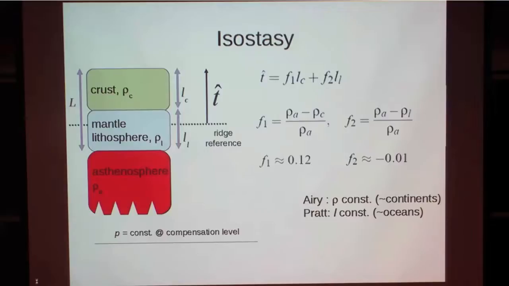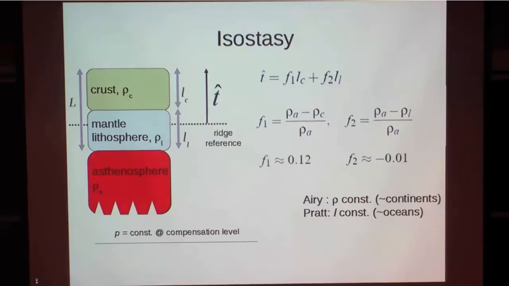If you see a mountain and it's in floating equilibrium, you will have a thicker root, like an iceberg. So you can work out the contribution of the crust, and it depends on the density of the crust and the asthenosphere. Changes in the crustal thickness will lead to quite large variations in topography. Changes in lithospheric thickness will lead to relatively small variations in topography.